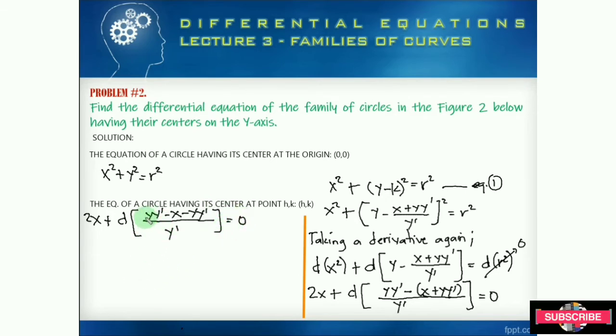As you can see, y prime and this is minus y prime, so this one will be eliminated. So we can only have this equation now.